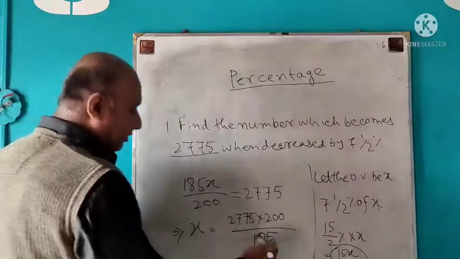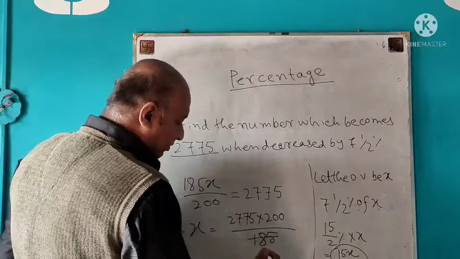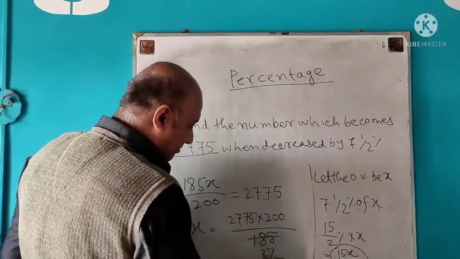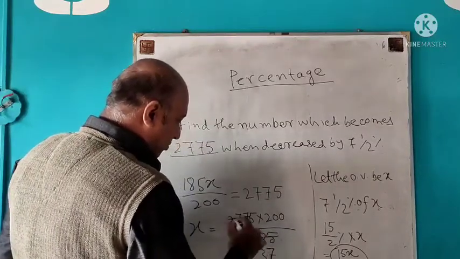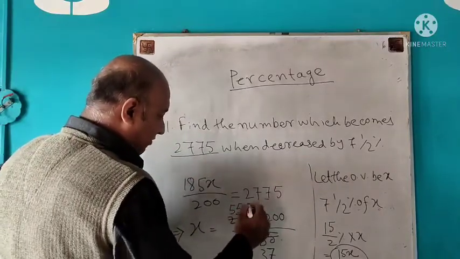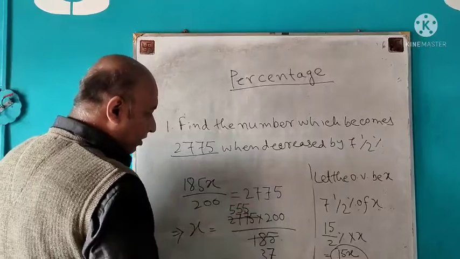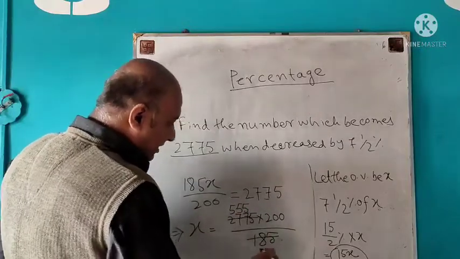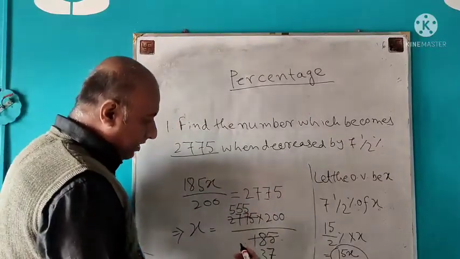Now we have to calculate. 185 can be divided by 5. 5 3s are 15, 3 5 7s are 35. 5 5s are 25, 2, again 5 5s are 25, 2, and 5 5s are 25. So we have got 555. 37 is a prime number.